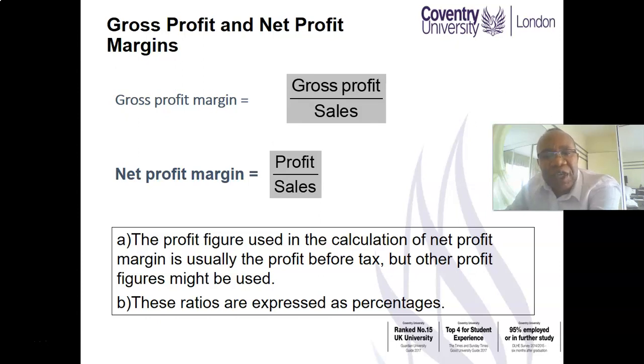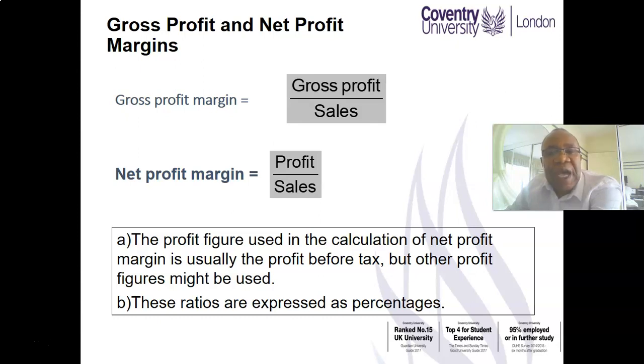It is also possible here to drill down on this ratio by taking every line of expenses and dividing that by sales to see which line of expenses is a bit of an outlier. The profit figure used in the calculation of net profit margin is usually profit before tax, but other profit figures might also be used. As before, these ratios are expressed as percentages. So that is the profitability ratios.